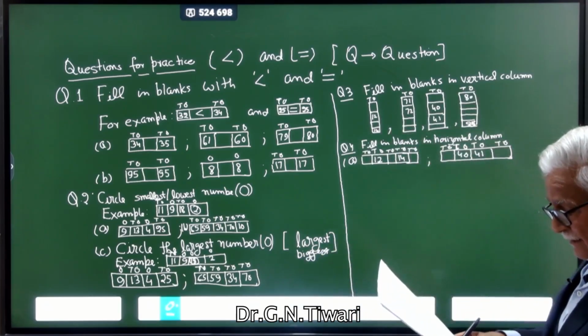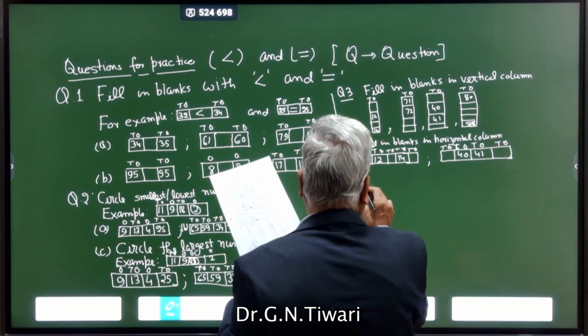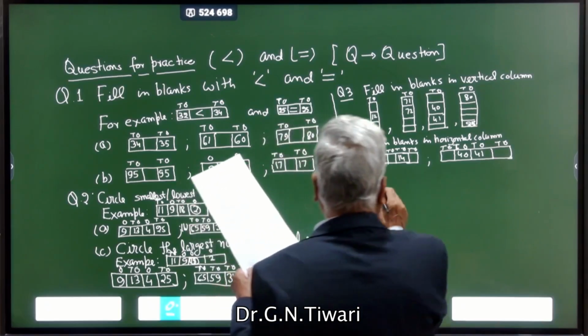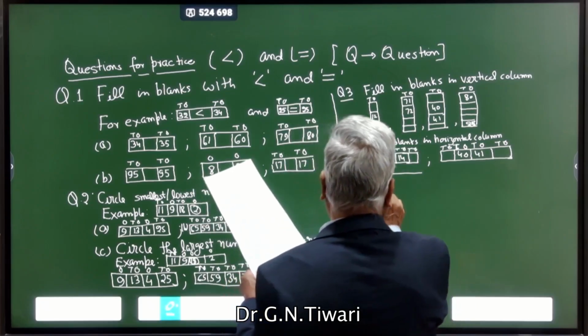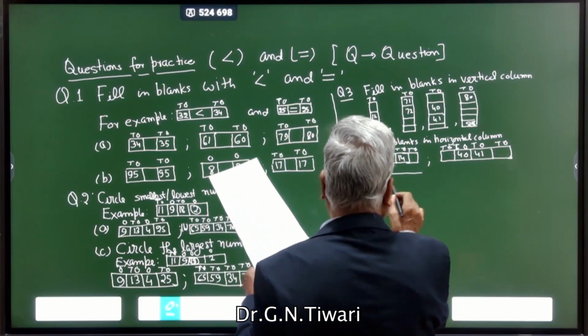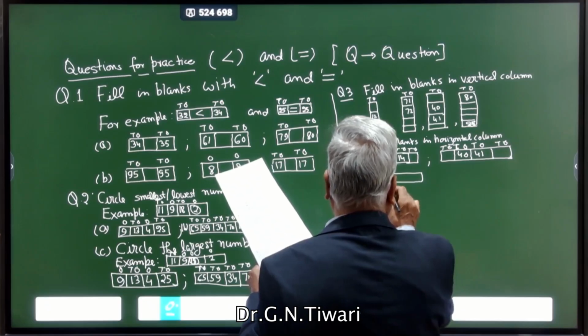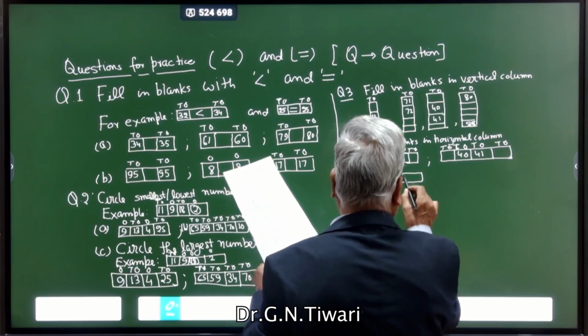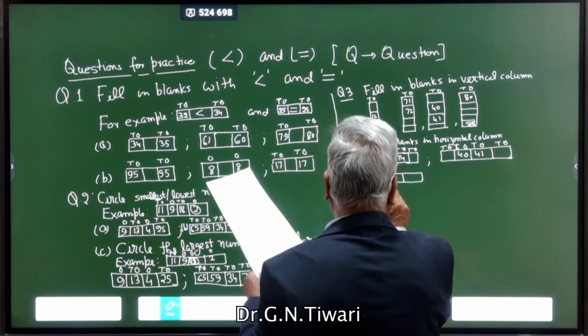And B. Just here put another 5 block. 1, 2, 3, 4, 5. 71, 72.